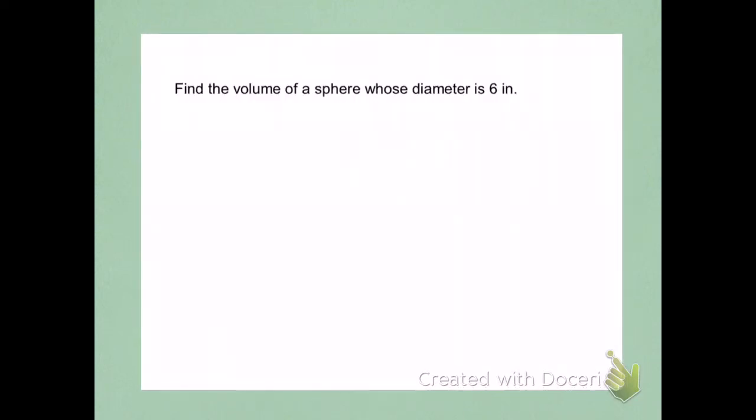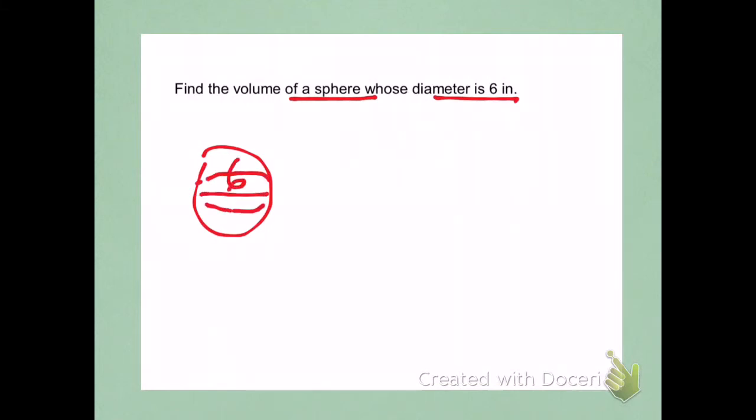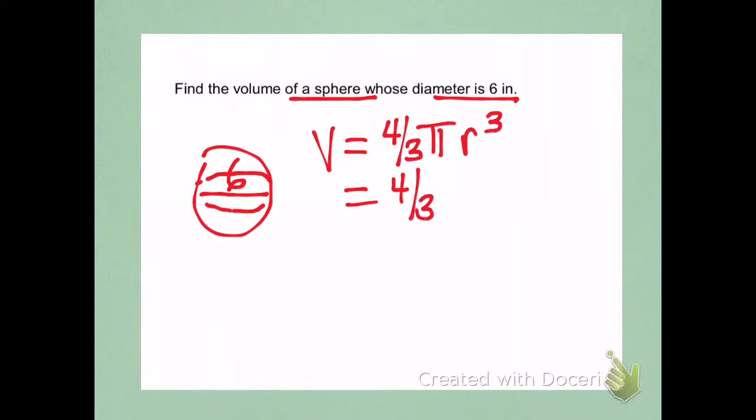Next question. Find the volume of a sphere whose diameter is 6. So if you draw a sphere, that's a three-dimensional object. I know the diameter is 6. So I want to use my formula. Volume equals 4/3 pi times the radius to the third power. So I would say 4/3 pi.